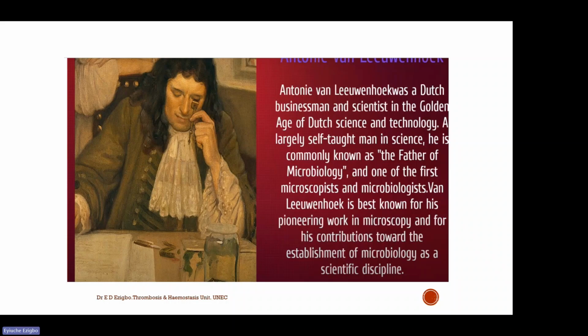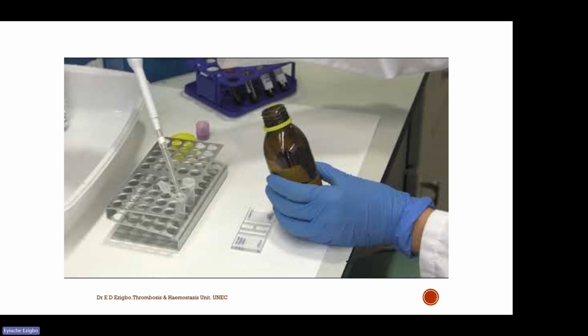Van Leeuwenhoek is best known for his pioneering work in microscopy and for his contribution towards the establishment of microbiology as a scientific discipline. So he started observing microorganisms under the microscope, introducing the scientific world into the technology of microscopy.